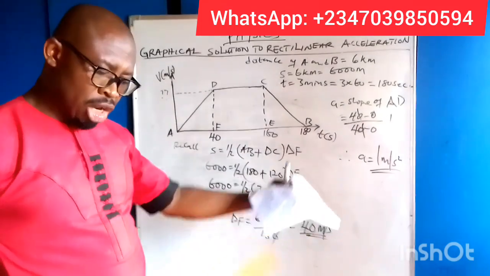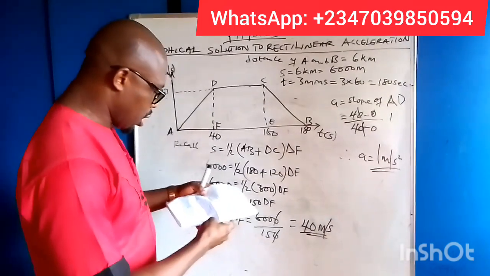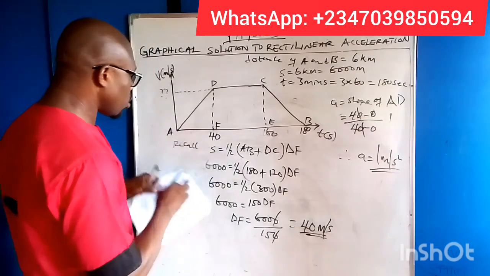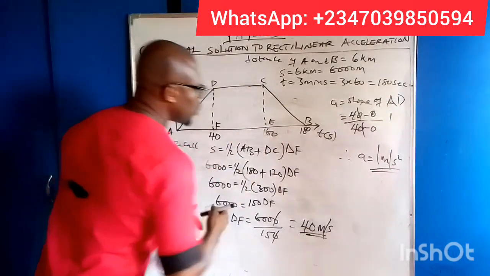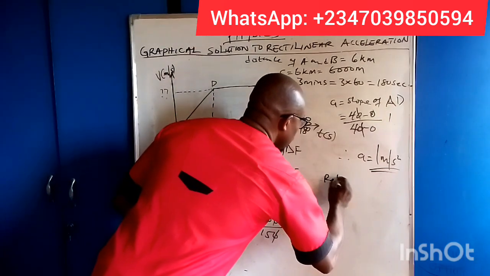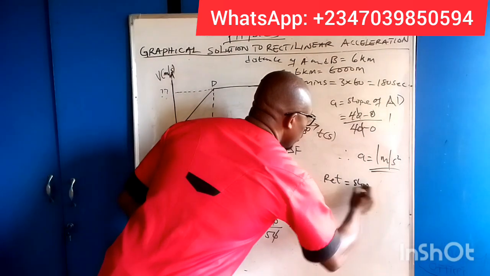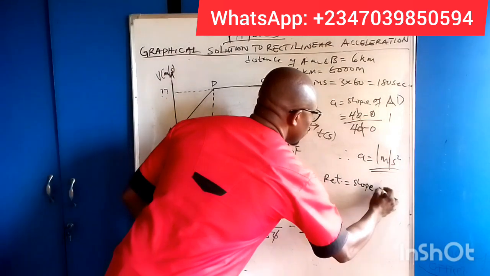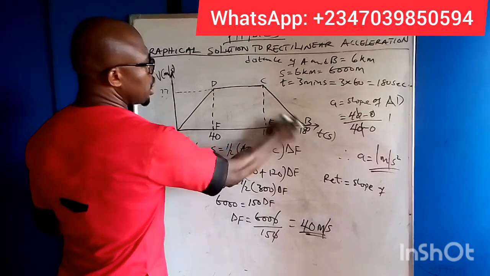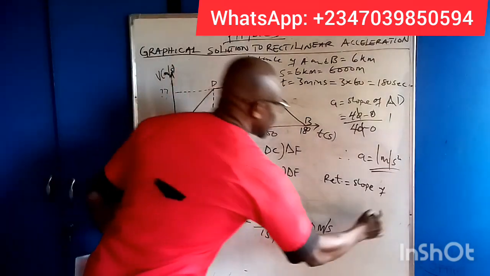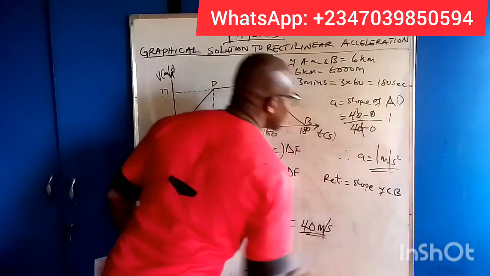Now, for the retardation, we have slope. So retardation is slope of D is BC or CB, as the case may be.